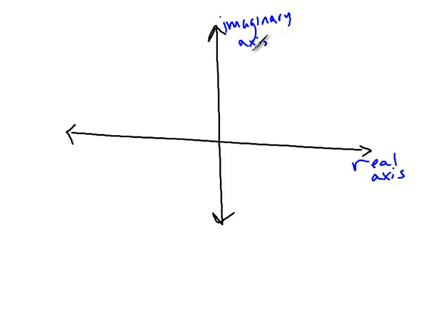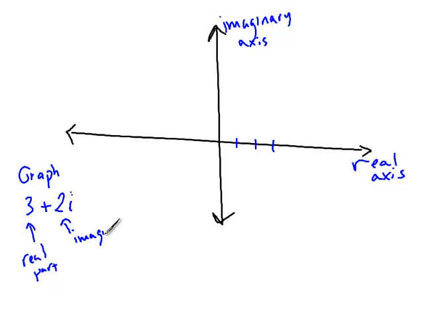So if we want to graph 3 plus 2i, the real part is 3, so we go over 3, and then this is the imaginary part, so we go up 2, and that is the graph of the complex number 3 plus 2i.